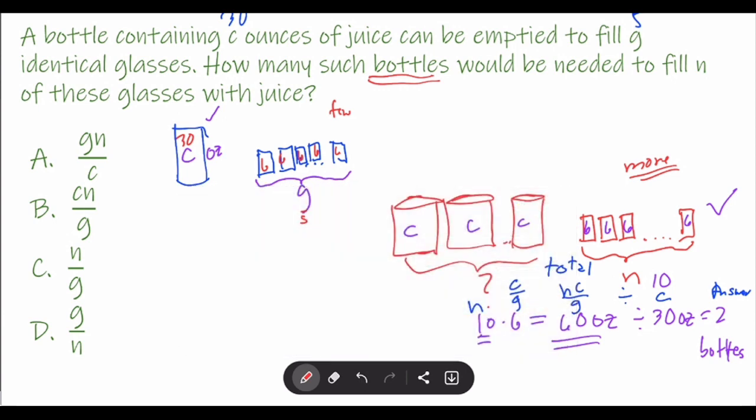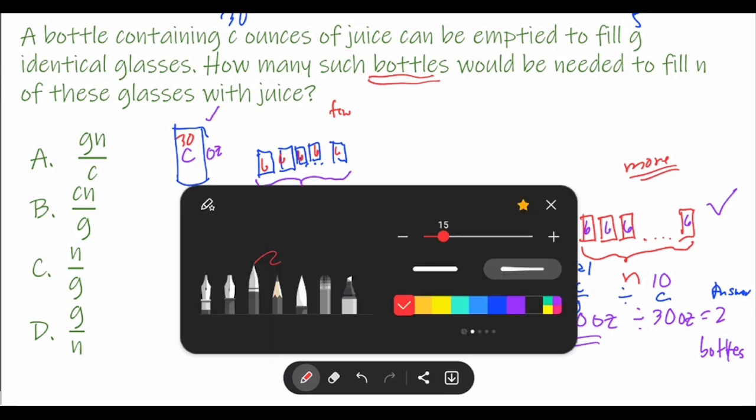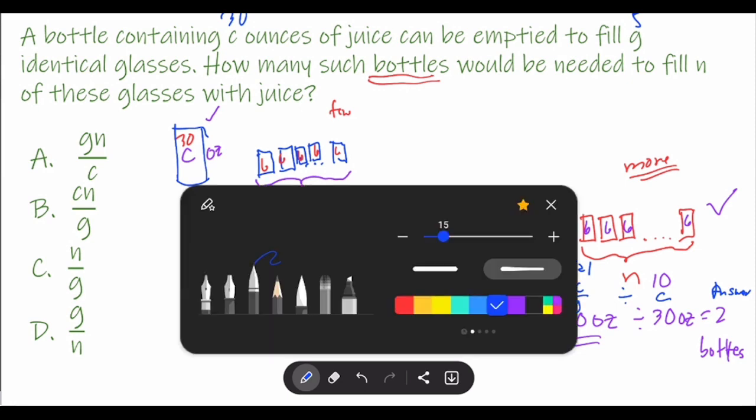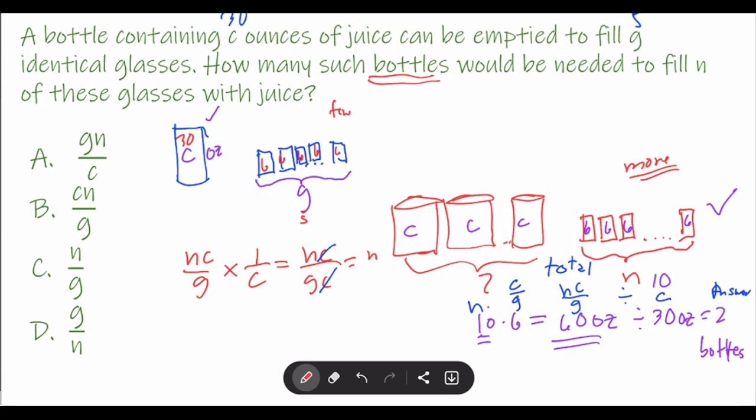NC over G divided by C is the same as times 1 over C. So if you multiply that, that's going to be NC over GC, but you can cancel out this C. So what's left is N over G. And N over G in the choices is option C. So the answer is letter C.